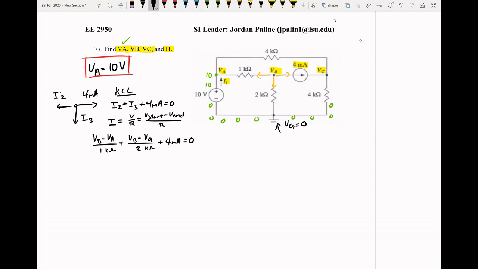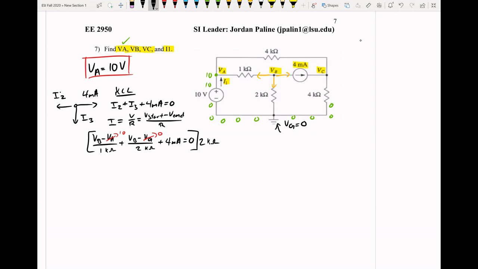Okay, so let's start simplifying down. We know V of G is 0. We know V of A is 10. And the only thing we don't know is VB. So let's make this easier on ourselves, and multiply by 2 kiloohms to simplify all this down.